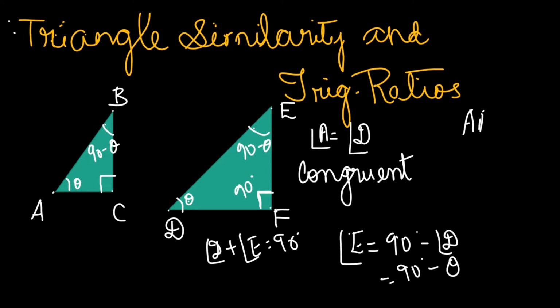It is called AA, in which if we know the two angles are similar, then the third angle also will be the same. So we have concluded that our two triangles will be similar. If we have the three angles in common, we are dealing with similar triangles.